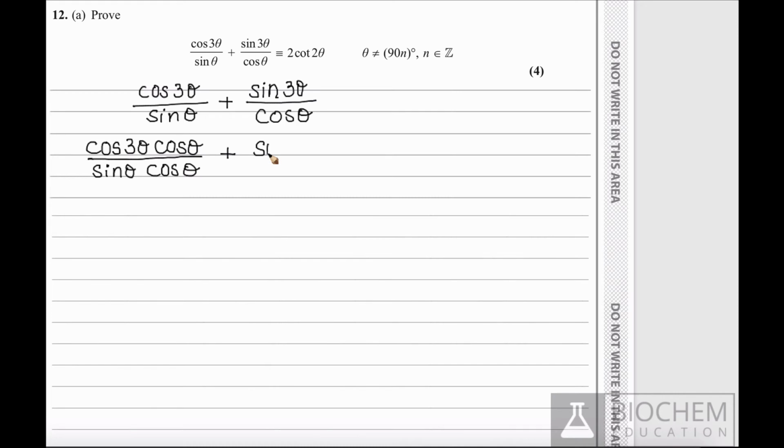So we can write this as cos 3 theta times cos theta over sin theta cos theta, plus sin 3 theta sin theta over cos theta sin theta.